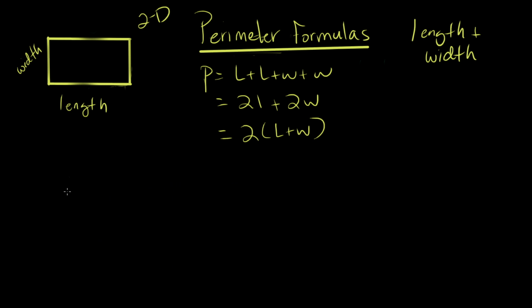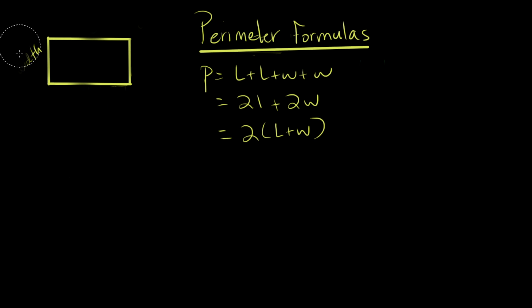So with perimeter, we're measuring the distance around a 2D shape. The way that we figure out perimeter is that we have a couple formulas that can help us solve it.